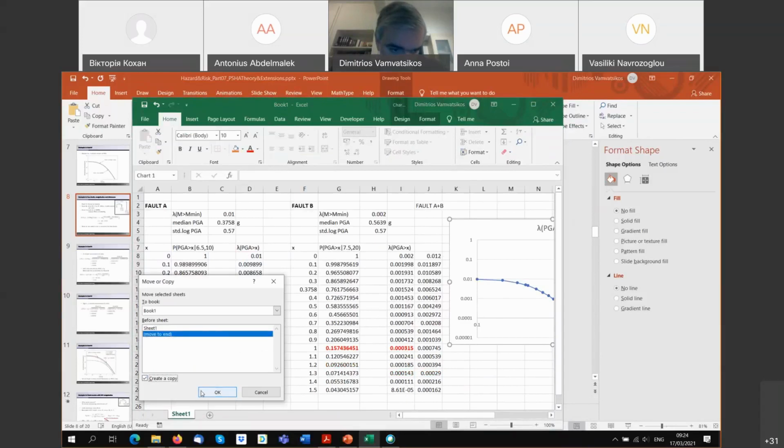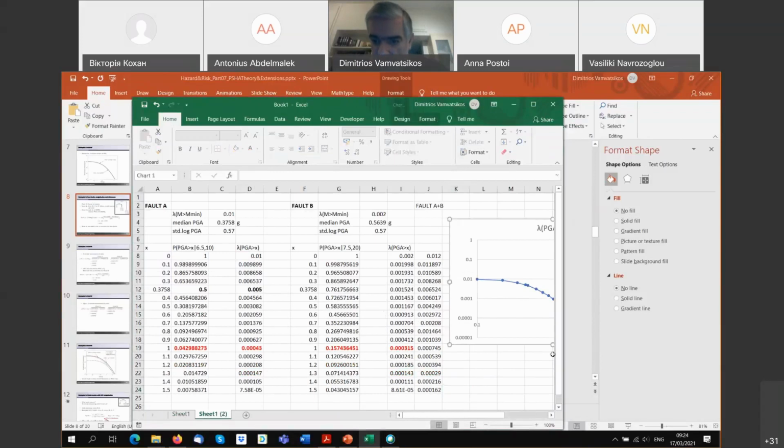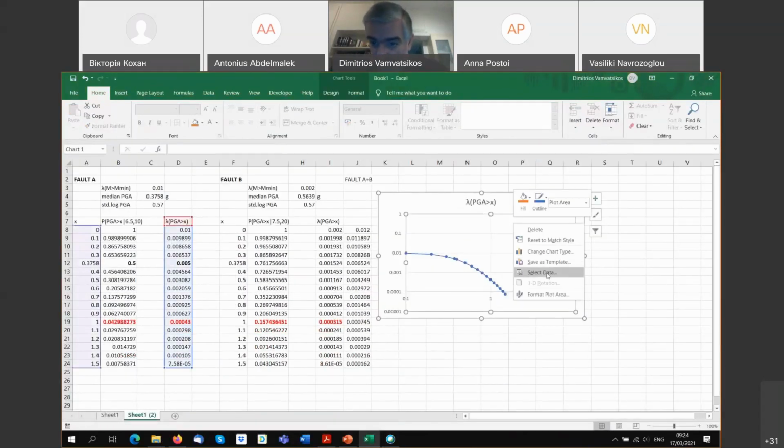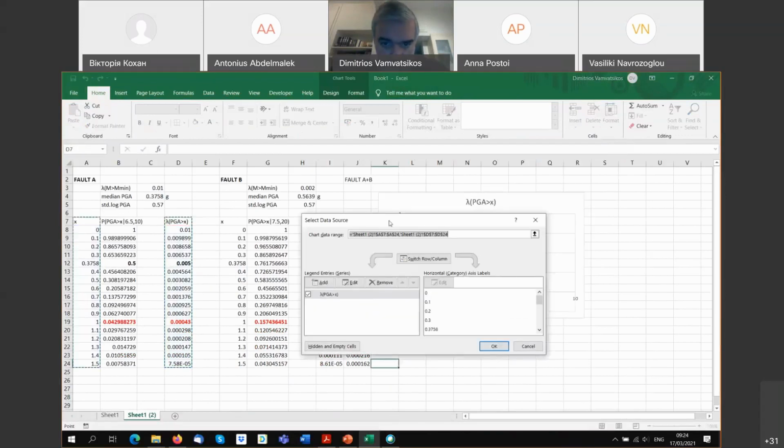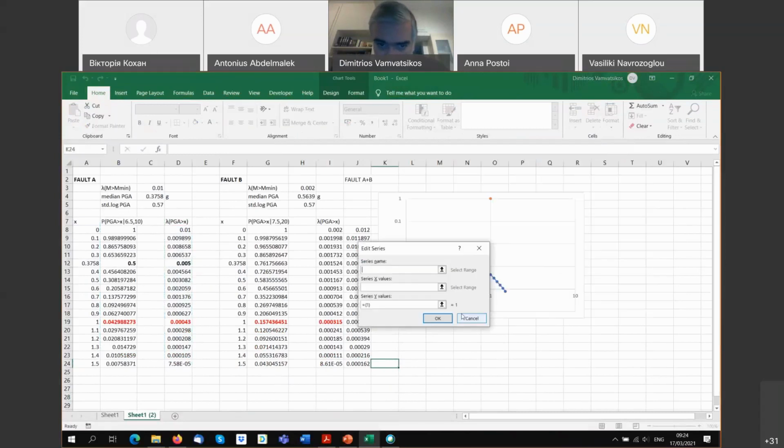Let's make a copy. All I need to do is make this larger, and in here introduce select data, new ones. I also want to add series name, I don't know, fault B, series X values, the same.